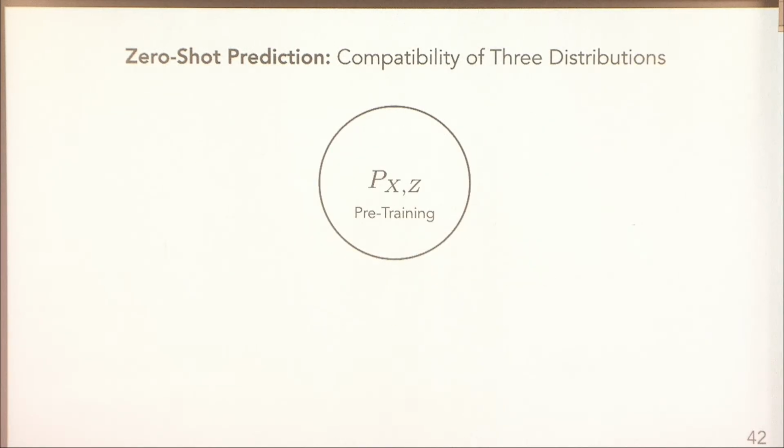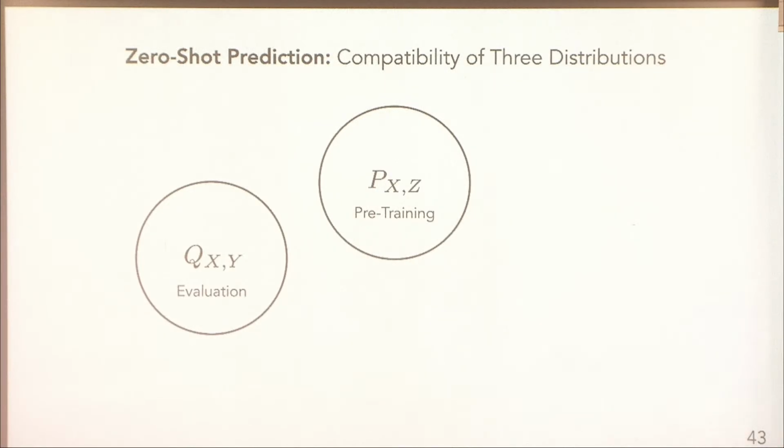Okay, so you have data, say from the image domain and the text domain, right? And you can describe the data from the internet, say the whole internet, as P_XZ, and that's the pre-training distribution. And then you have some evaluation distribution. And the evaluation distribution has, say, images, and it has labels. But those labels are not the same as the text information that you had in the pre-training stage, right?